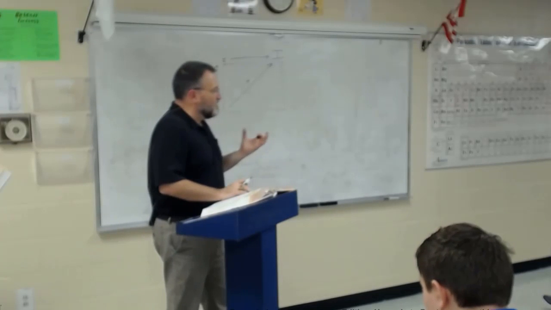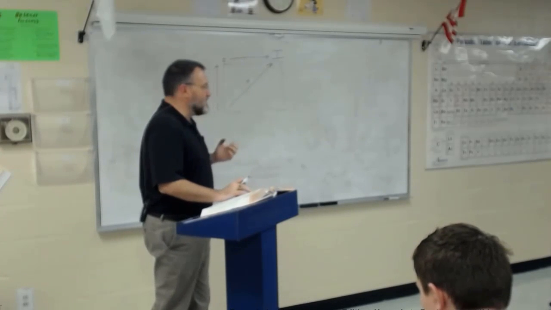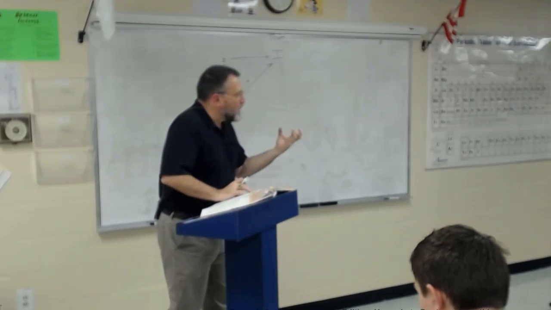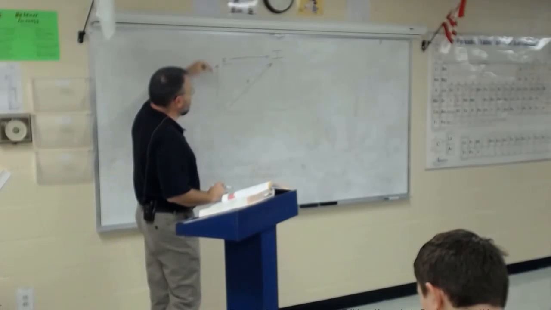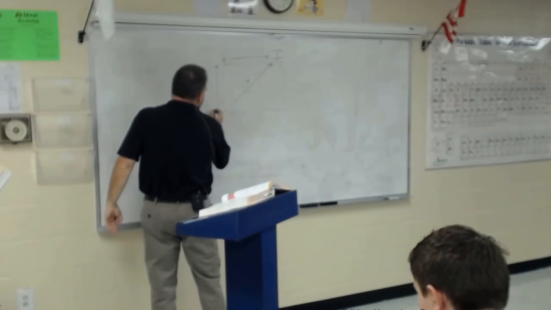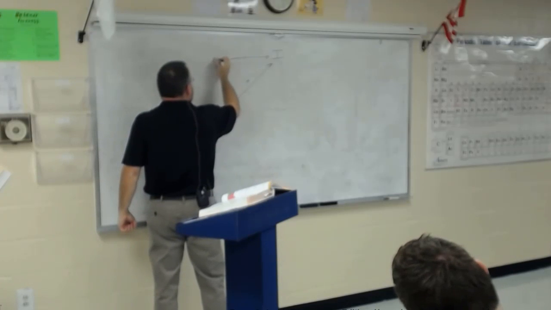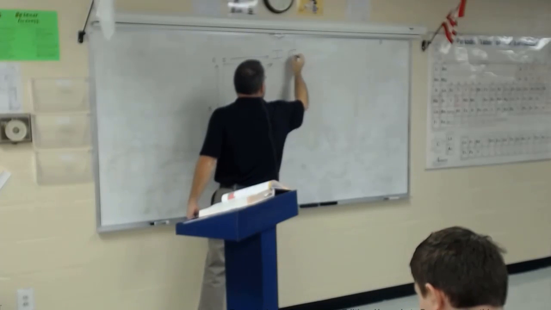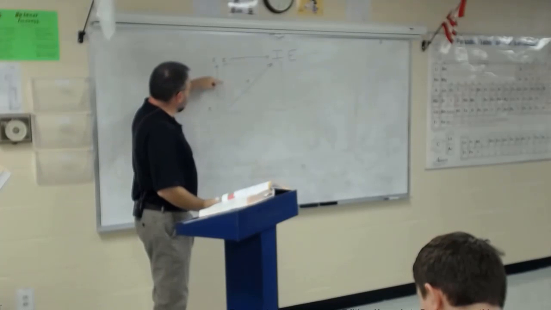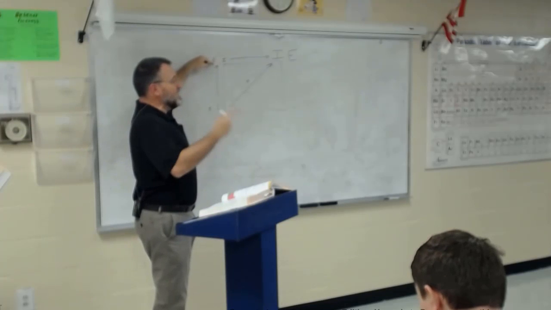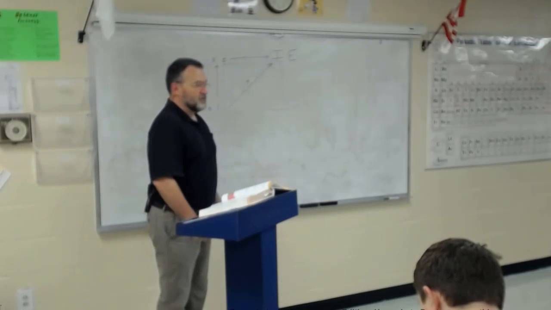Electronegativity is basically the force used to steal electrons. Ionization energy is the force used to hold on to what you have. So we might put an E down here and here. As you go up the periodic table, the electronegativity increases. And as you go from left to right, the electronegativity increases.